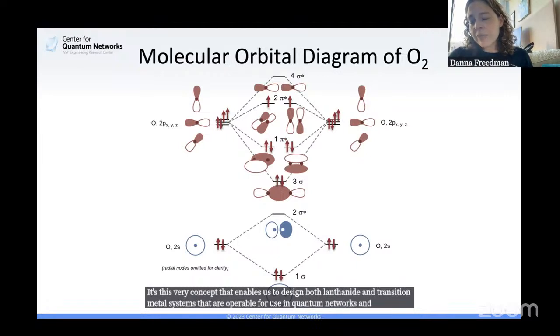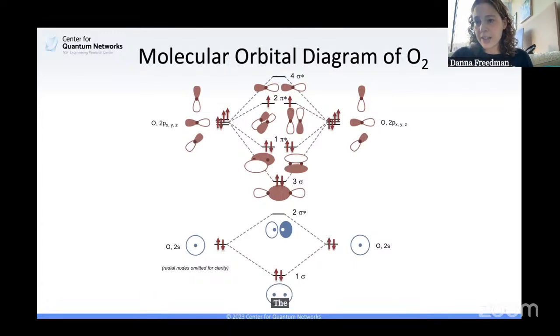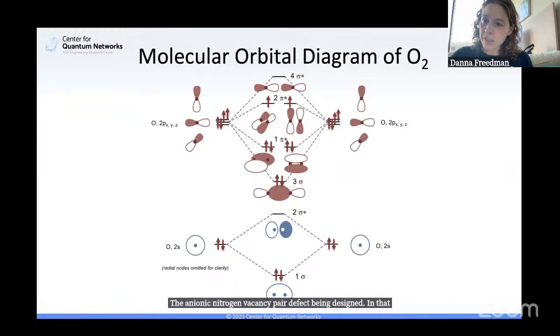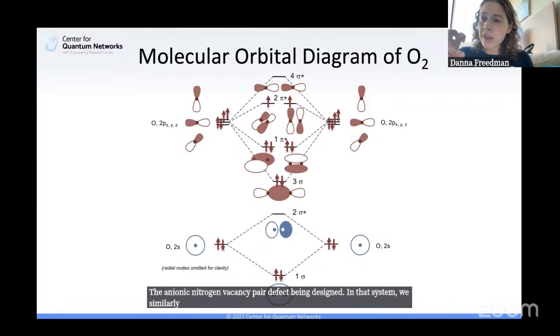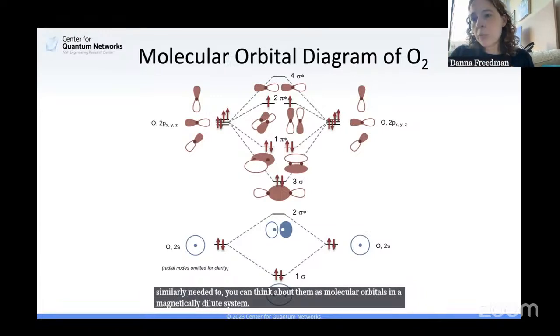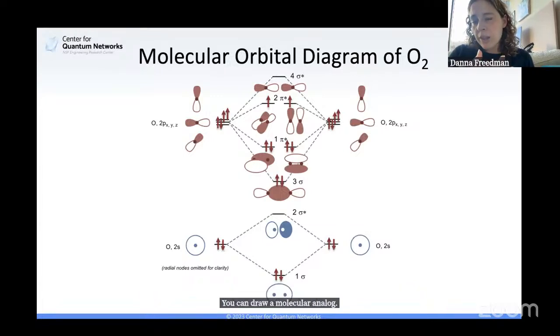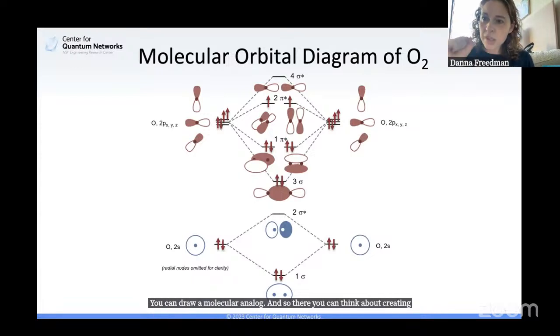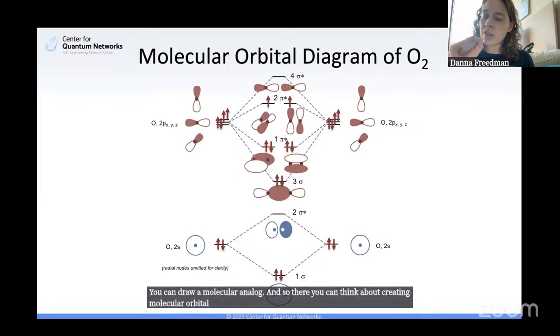In fact, that's very similar to the way you could think about the electronic structure of the anionic nitrogen vacancy pair defect being designed. In that system, we similarly needed two, you can think about them as molecular orbitals. In a magnetically dilute system, you can draw a molecular analog. There you can think about creating a molecular orbital where you have two levels sufficiently close in energy that the electrons won't pair.